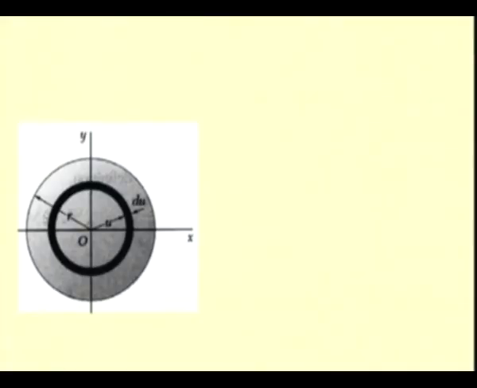In the case of this circular lamina, the moment of inertia of the area with respect to x and with respect to y are the same by symmetry, and so we have Ix is equal to Iy.